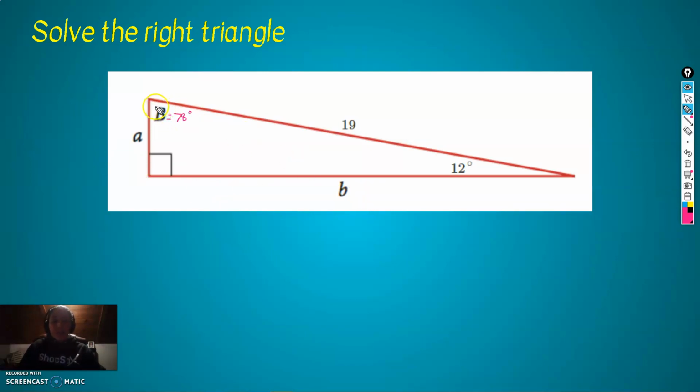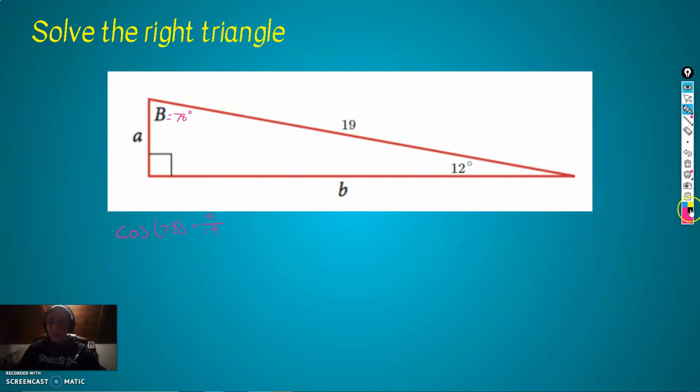Let's use angle B, in which case I have an adjacent and a hypotenuse, so I'm going to use cosine. So cosine of 78 then is equal to the adjacent side, which is A, over the hypotenuse, which is 19.